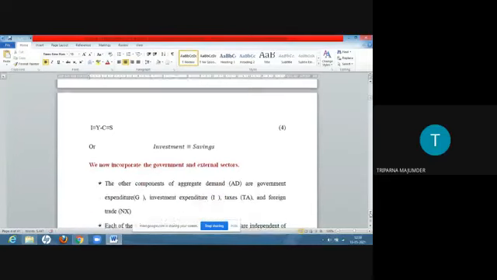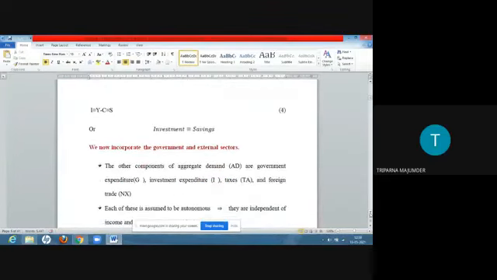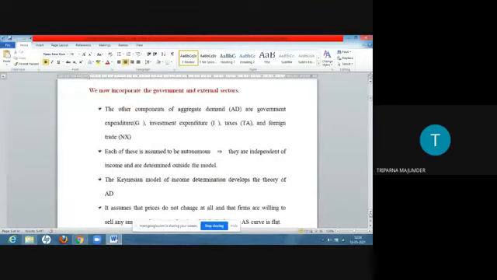Now we incorporate the government as well as the external sectors. So the aggregate demand will now have component G, that is government expenditure, investment expenditure I, taxes that are paid by the individuals to the government, and foreign trade, that is NX. Each of these is assumed to be autonomous.